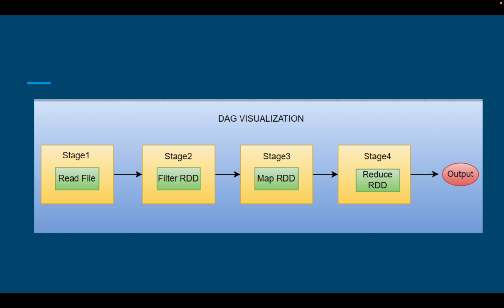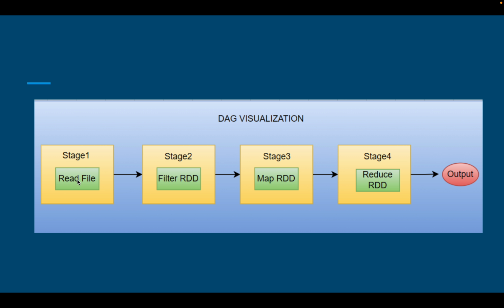Once we have a program, the DAG will divide it into different stages. Consider here we have stage 1, stage 2, stage 3 and stage 4. This goes in a directed graph, like after stage 1 we go to stage 2 and stage 3, then stage 4, etc. But each stage will have n number of tasks.